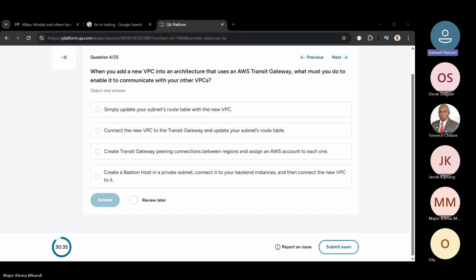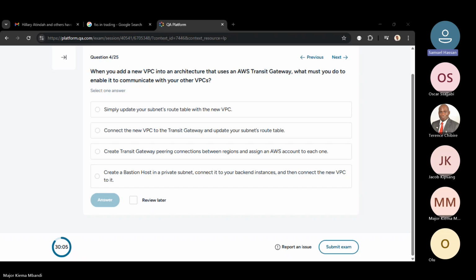B. Connect the new VPC to the transit gateway and update your subnet route table. C. Create transit gateway peering connections between regions and assign an AWS account to each one. D. Create a bastion host in a private subnet, connect it to your backend instance, and then connect the new VPC to it.